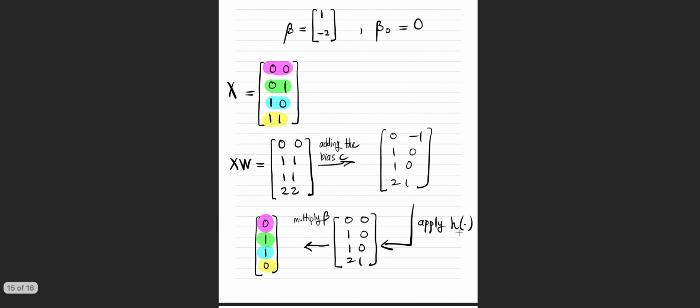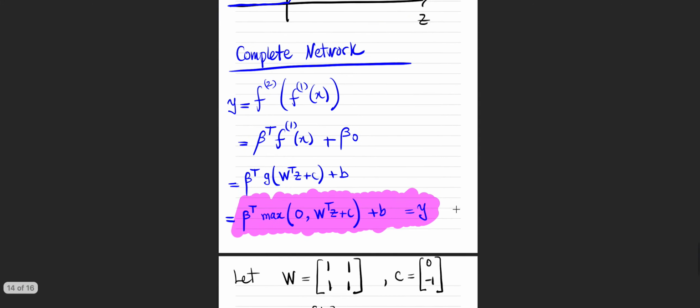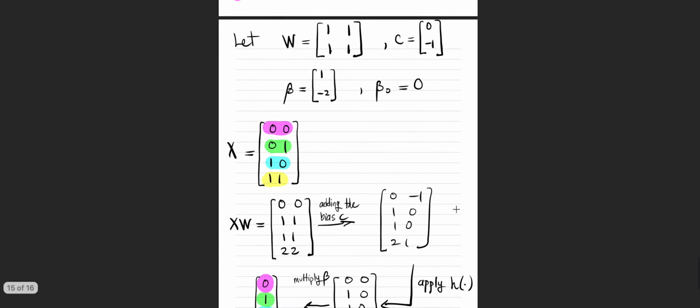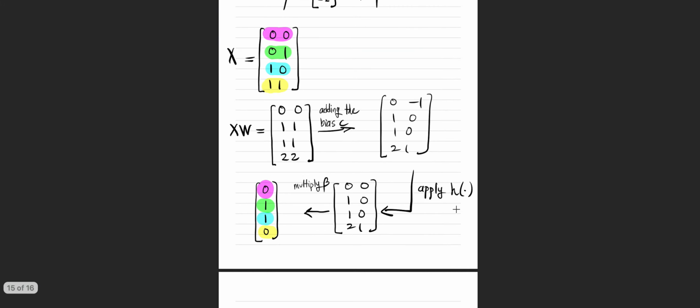And then we apply H, which is the rectified linear, to each of these terms. So the first column, which is everything that's positive, will remain the same, just the negative 1 becomes 0.